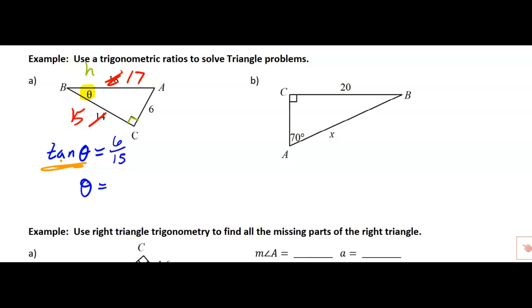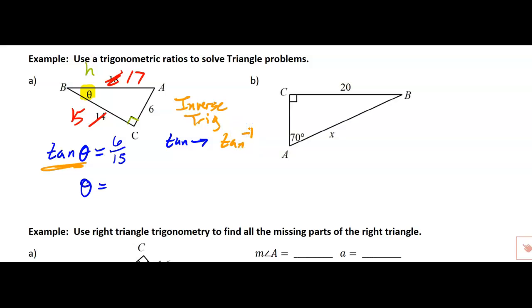Where do you think the inverse tangent button is on your calculators? Yeah. So inverse trig. Okay? If I have tangent, then the inverse is tangent with the little minus 1.